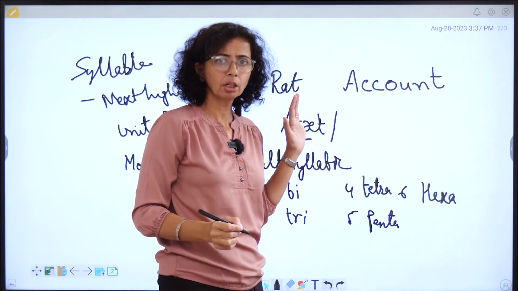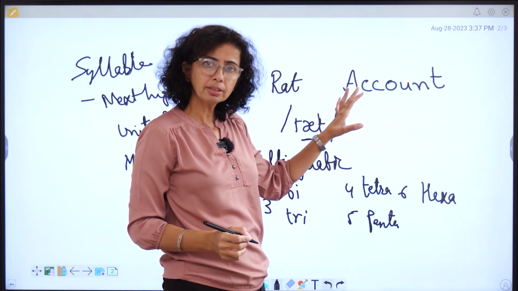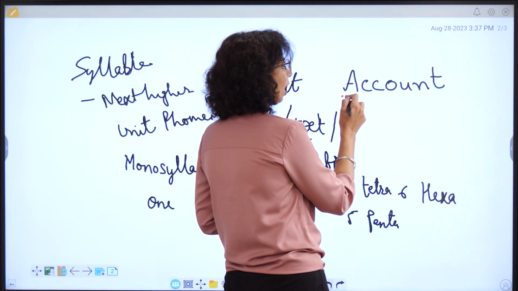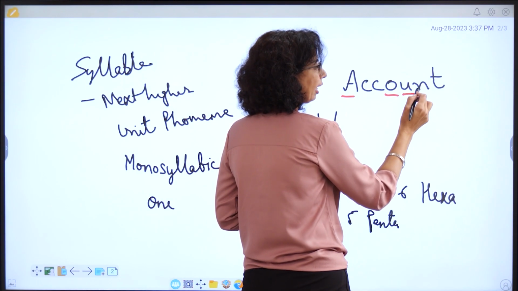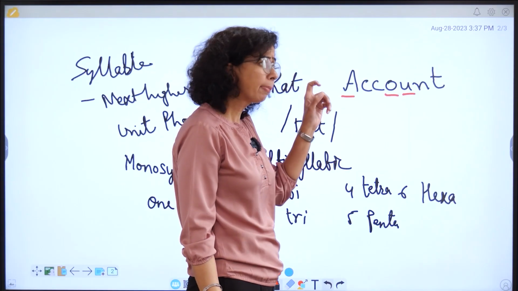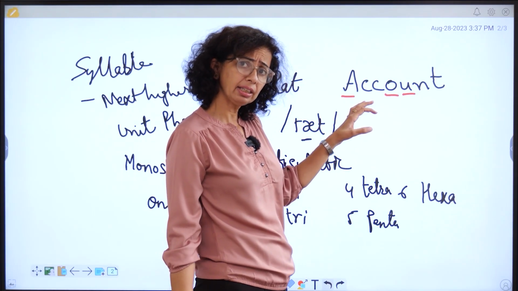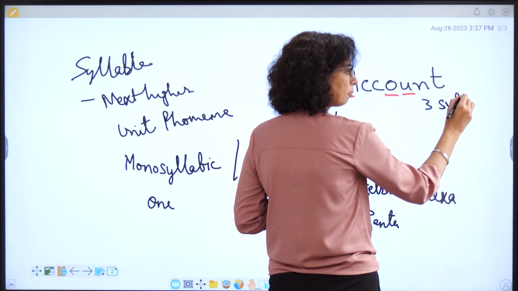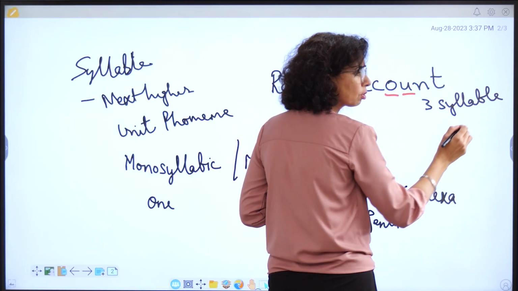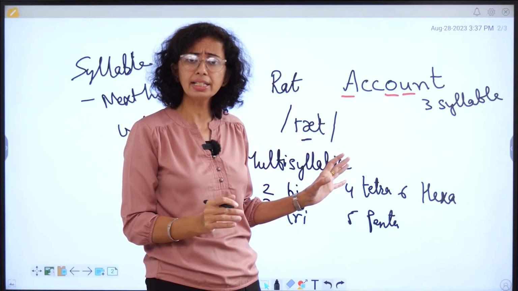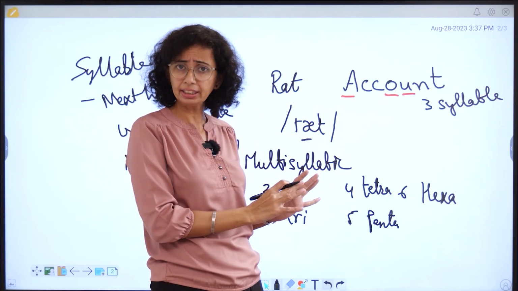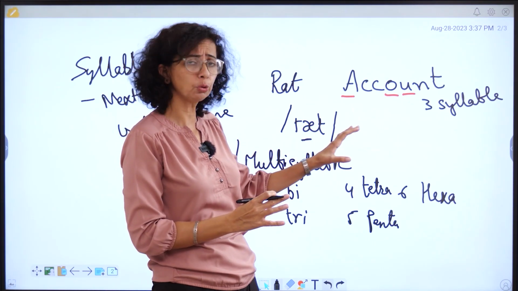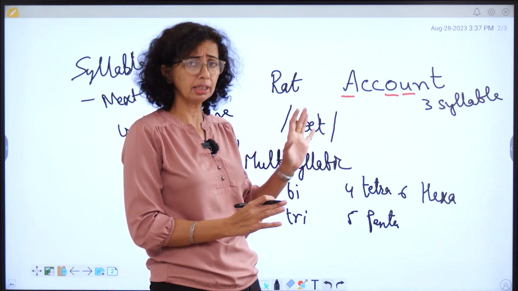If I count the vowel alphabets here, it is 1, 2, and 3. Can I say that it has 3 syllables? No, I cannot say it unless I write it phonetically. Once I write it phonetically, only then will I be able to tell how many syllables it has.